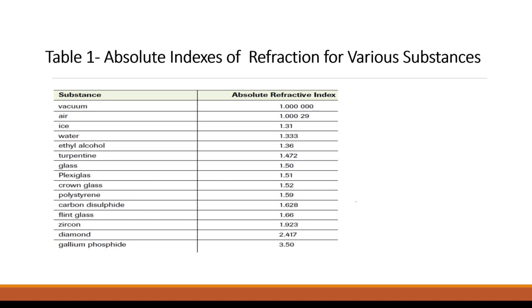Think of it as the greater the value, the greater the bending power. If a ray of light came from a medium into the second medium of any of these, down here it would bend much more, and up here these ones would bend not so much.